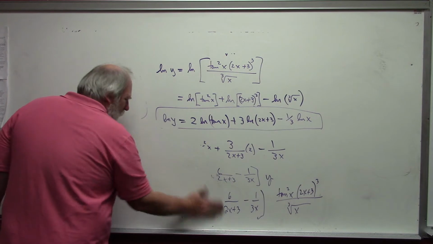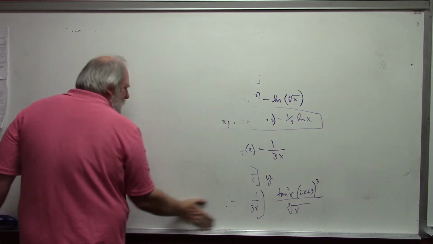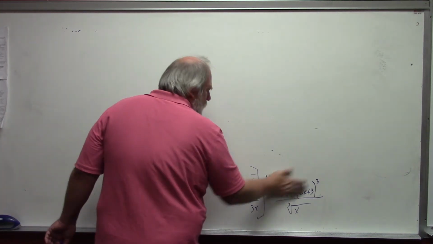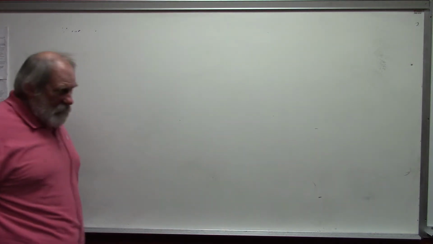It would have taken a whole lot longer, and more than likely we would have made a mistake, at least some of you. But we could have gotten that result without using logarithmic differentiation.